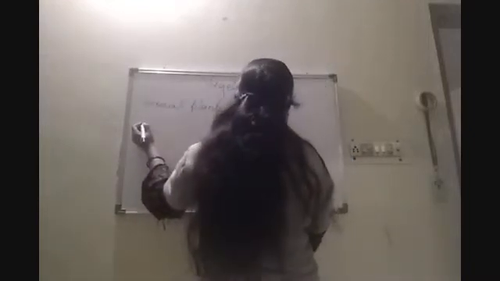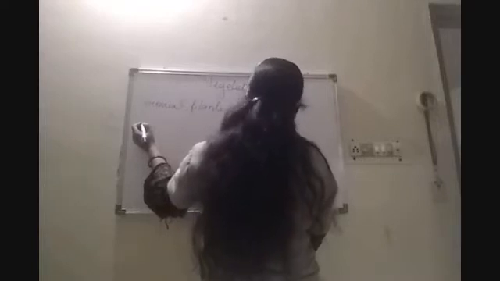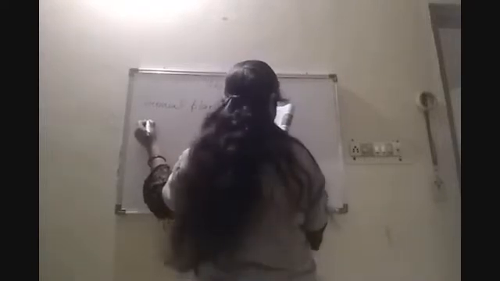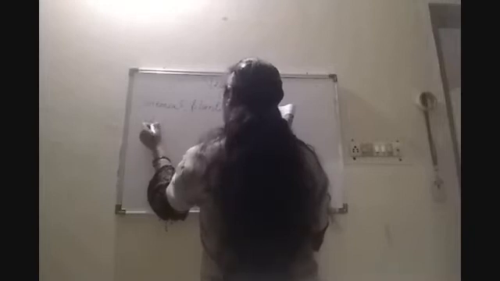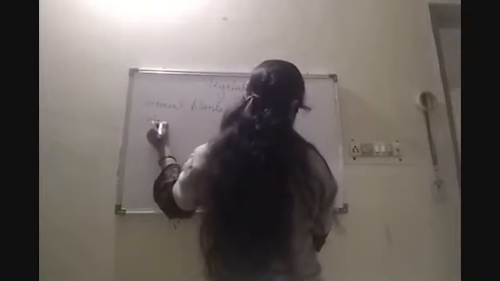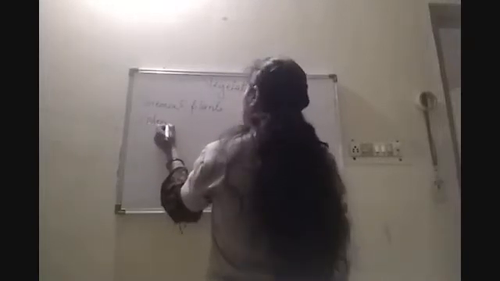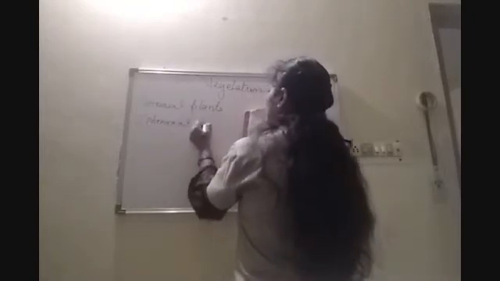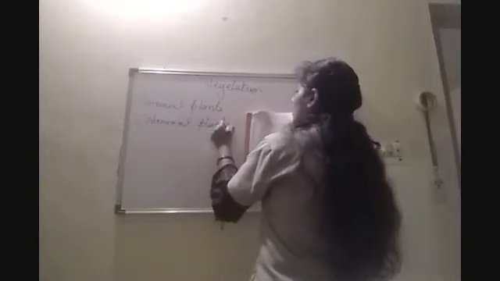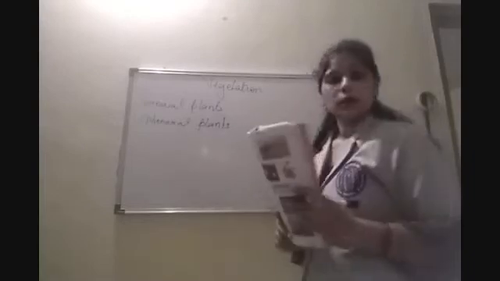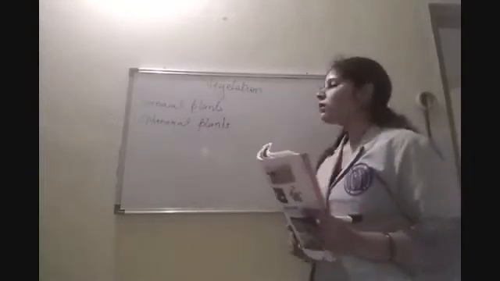And the second one is your ephemeral. These are the plants which are found in the Thar Desert, or the vegetation of the Thar Desert.